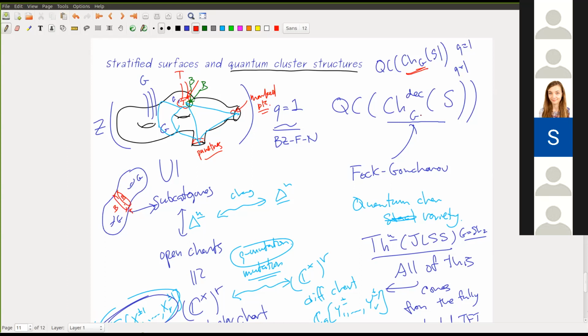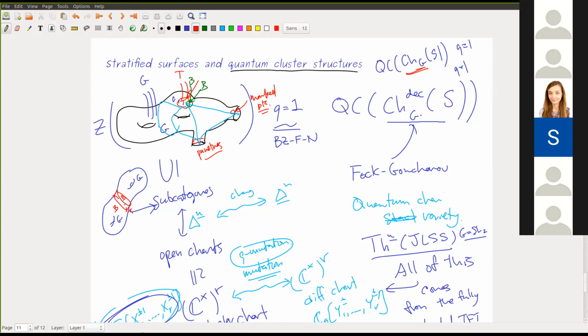Remember I said that Fock-Goncharov proved a bunch of theorems to show that their construction is reasonable. And one of them is that at least some big piece of this stratified mapping class group, you can represent one of these mapping class group elements as a sequence of flips of triangulations.